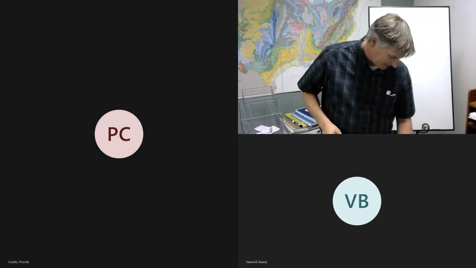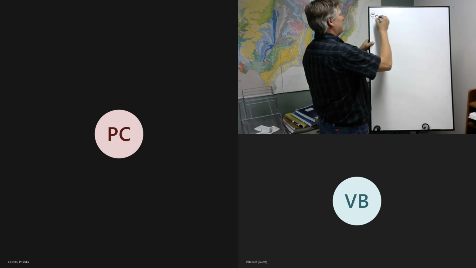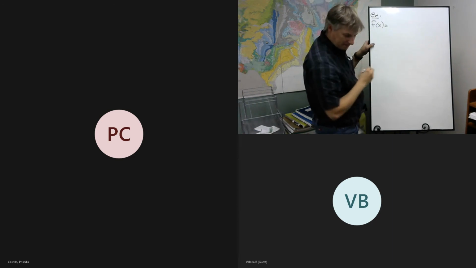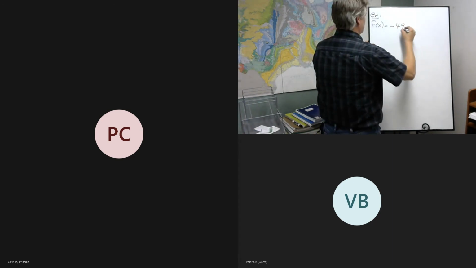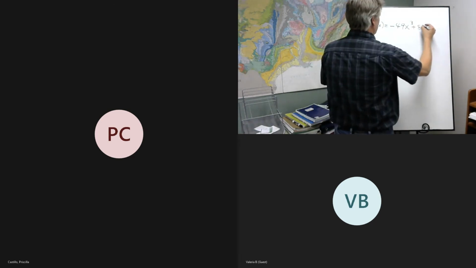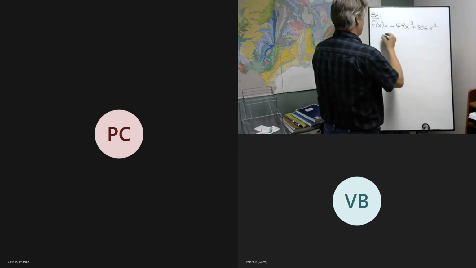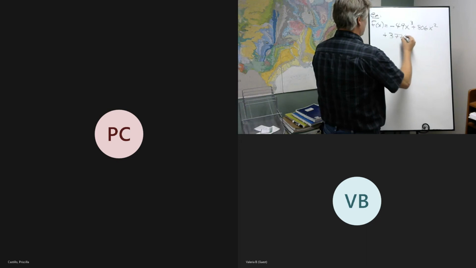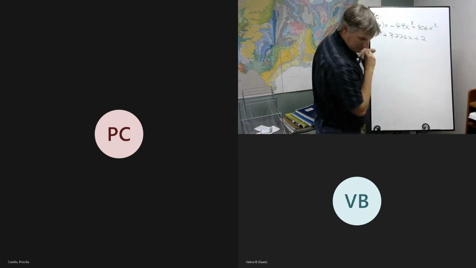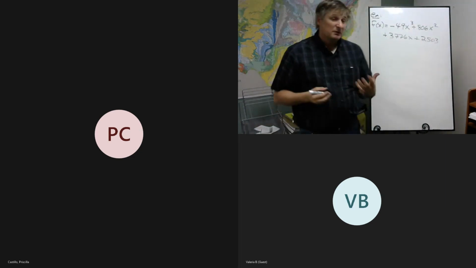So just as an example, we're going to use f of x instead of p of x, which is okay. We could use y if we wanted to. So let's take a look at this.